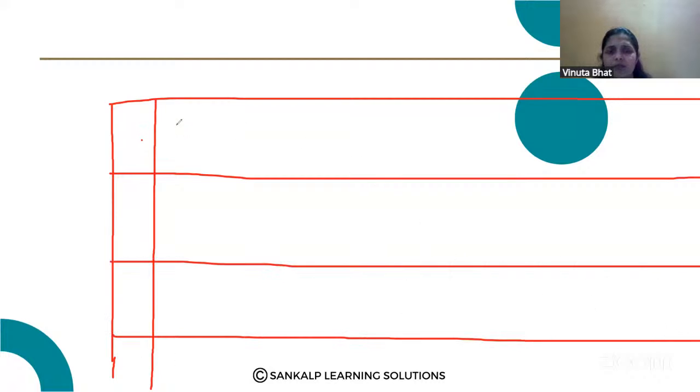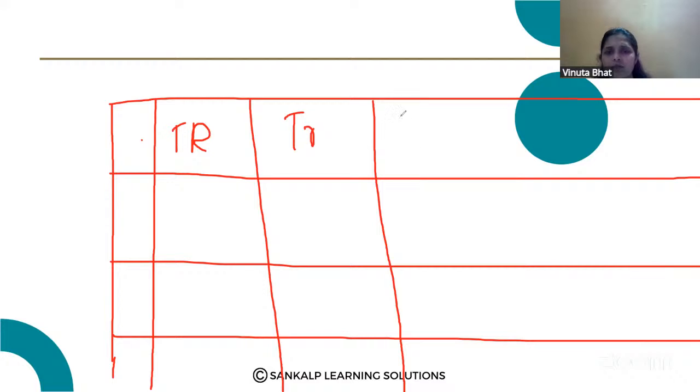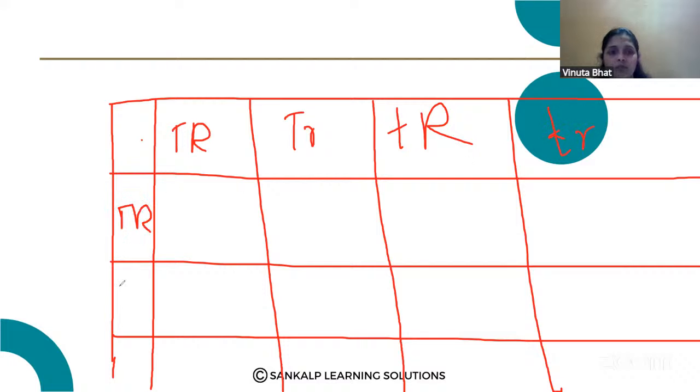Capital T capital R is the first one, then capital T small r, then small t capital R, and the last one small t small r.